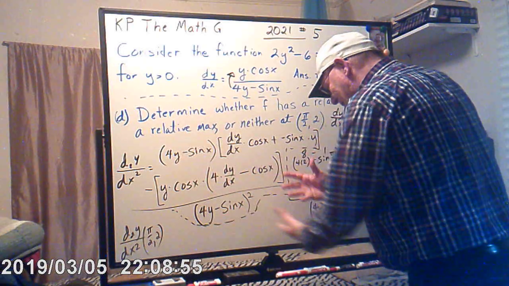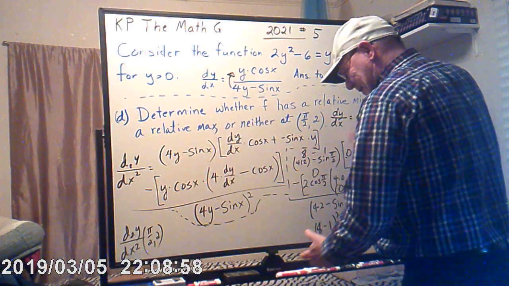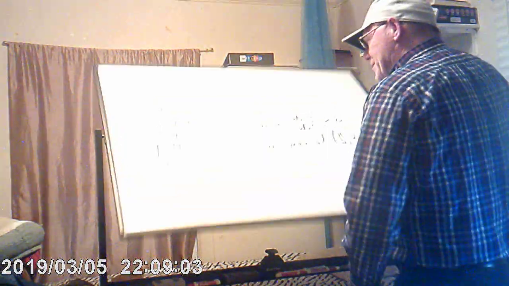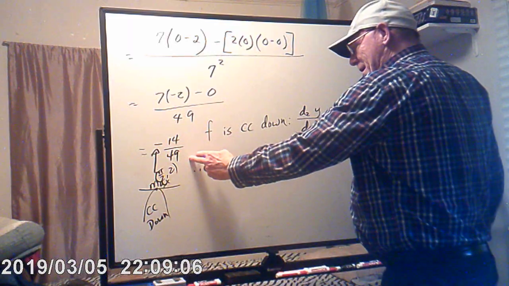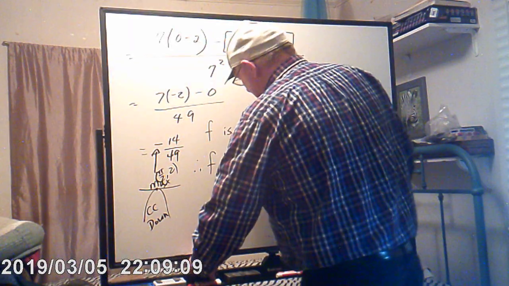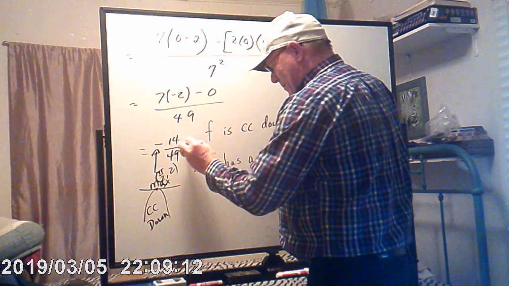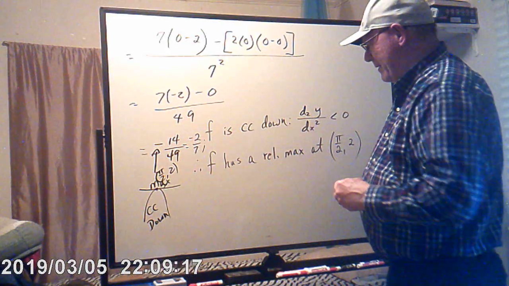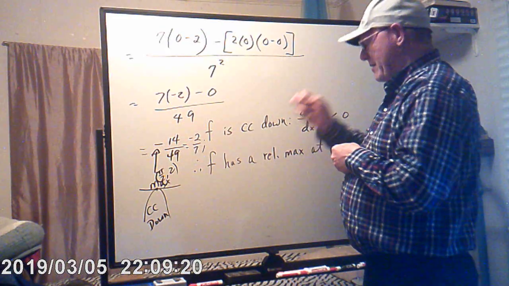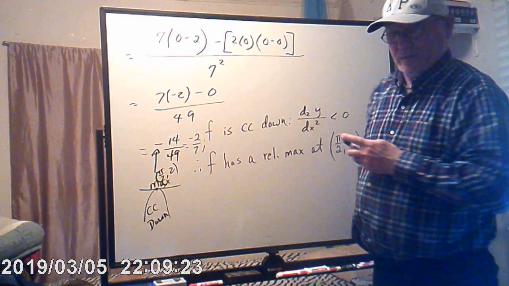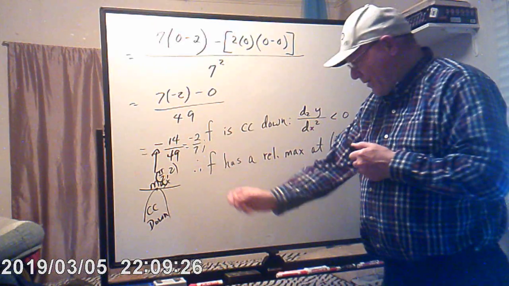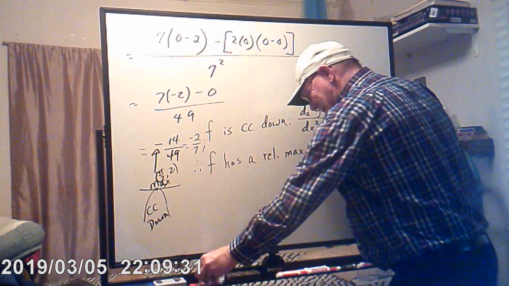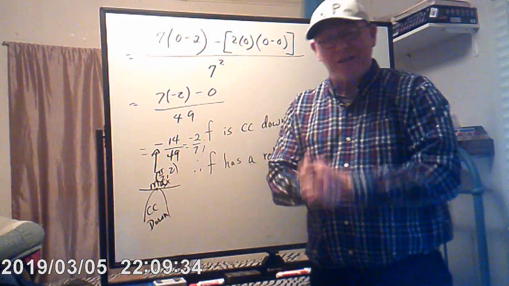So when we did all of this stuff and plugged in the numbers, we got down to negative 14 over 49, which, by the way, please don't reduce it incorrectly. If you want to, you can say negative 2 over 7, and therefore f is concave down, because the second derivative is negative, and therefore f has a relative max at pi over 2, comma 2. That's important that you understand all this.